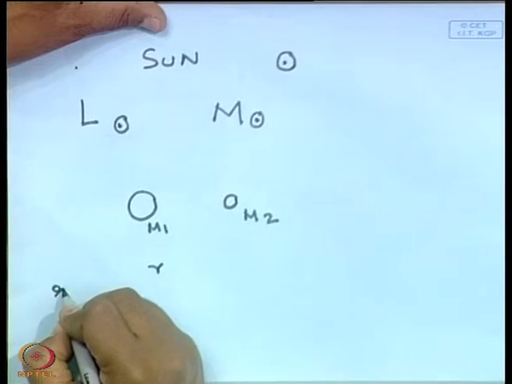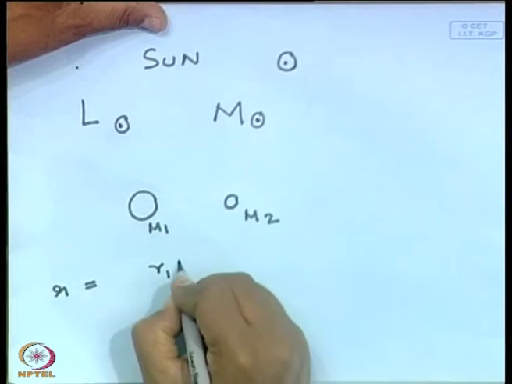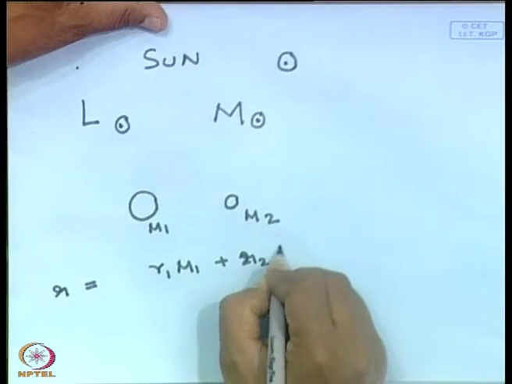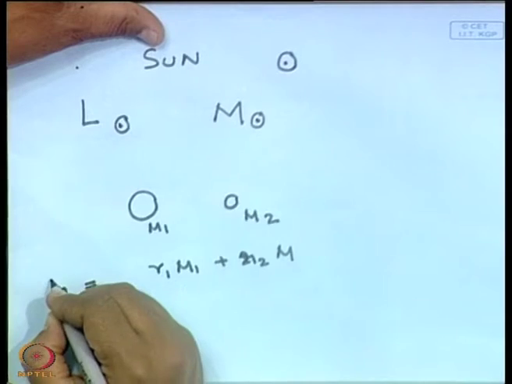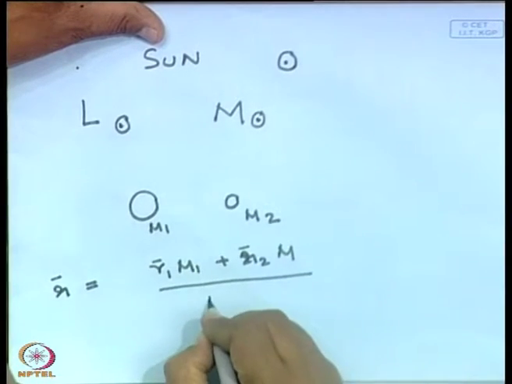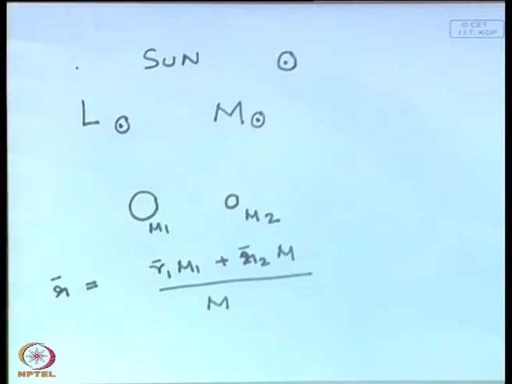The center of mass is (r1 m1 plus r2 m2), these are vectors, divided by the total mass m. So, it is quite obvious that the center of mass of the solar system is quite within the sun. Okay. So, you can think of it as basically being the sun.